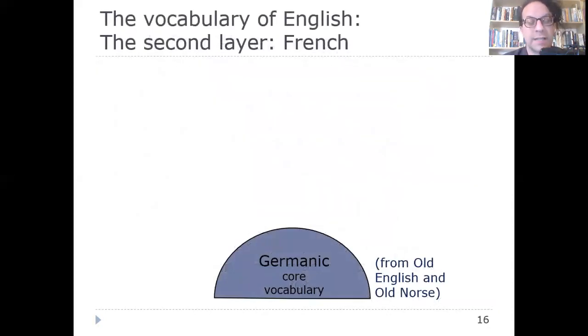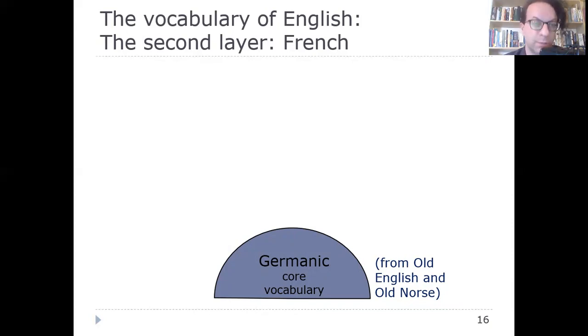Okay, so it's almost like we have a Germanic core vocabulary in English today, which are the words that come from Old English and some of them from Old Norse. So just to name a few of these words, these are actually the most important words in English today that come from Germanic. So they come from Old English mostly. These are words like, well, the pronouns I or you, right?